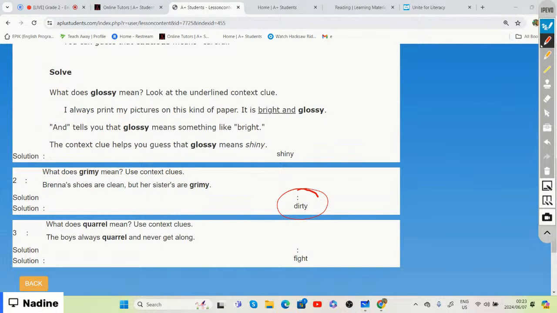So the boys always quarrel and never get along. What is the meaning of quarrel?